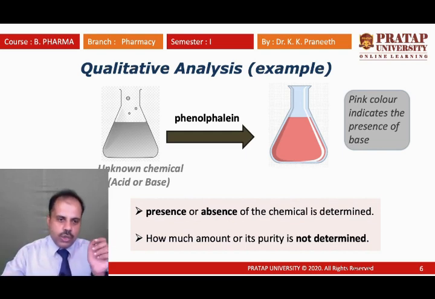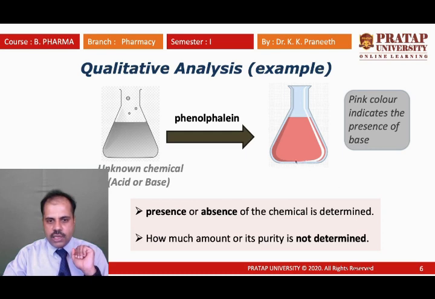Because I know that in this flask, base is present, not acid. So the presence or absence of a chemical, meaning acid or base, is determined. Acid is not present and base is present, but I don't know how pure it is. How much base is present, I don't know.